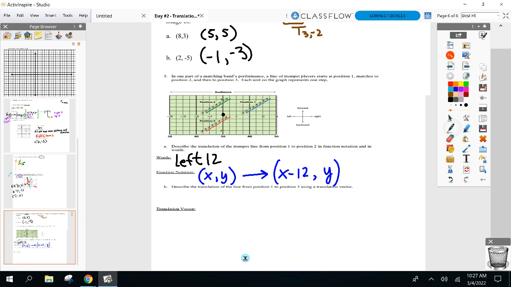And then finally, can you guys go from position 1 to position 3 and write a translation vector for me now? Now you will have an up and down here. So position 1 to position 3. Tell me where we're going.